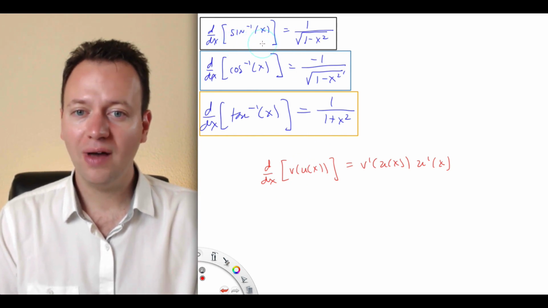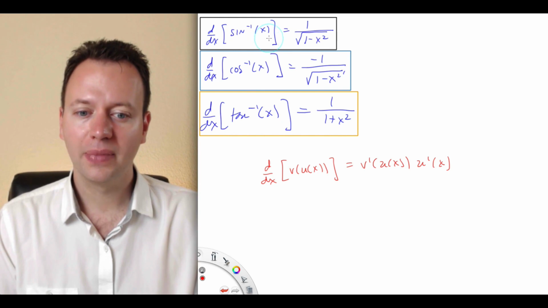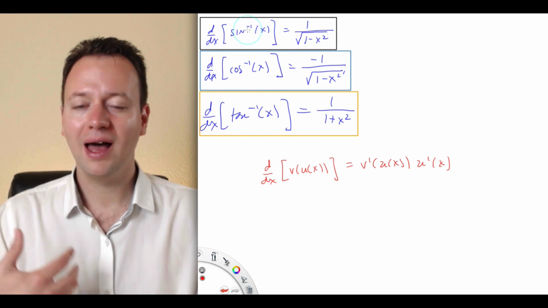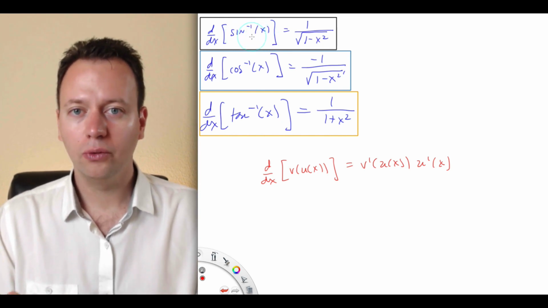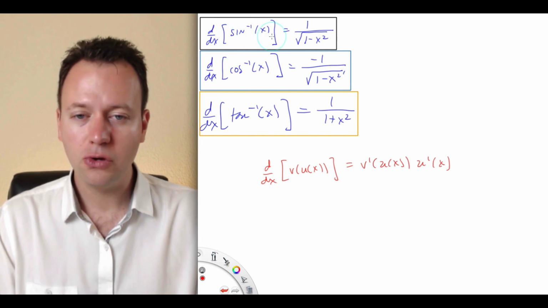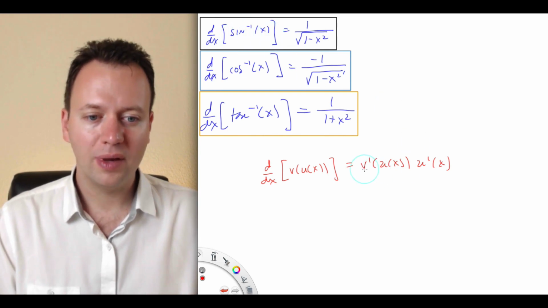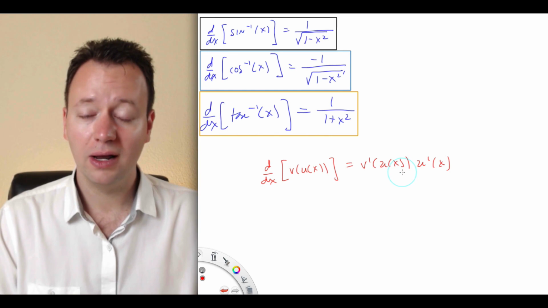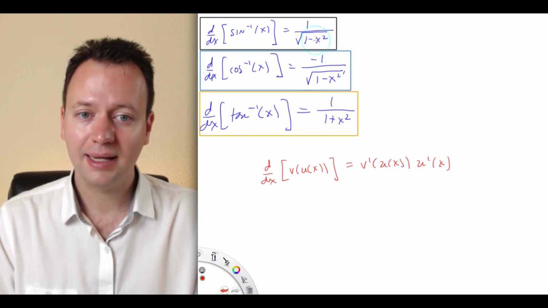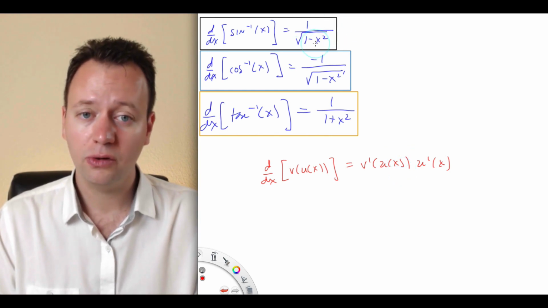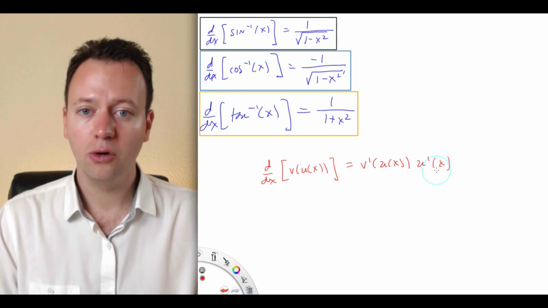So v of x would be arcsine of x. Except instead of doing v of x, we'll have v of u of x. So we'll derive a rule for arcsine of u of x. And the rule will be, well, it's just v prime evaluated at u of x. So x is replaced with u of x. Then we just multiply by u prime of x.